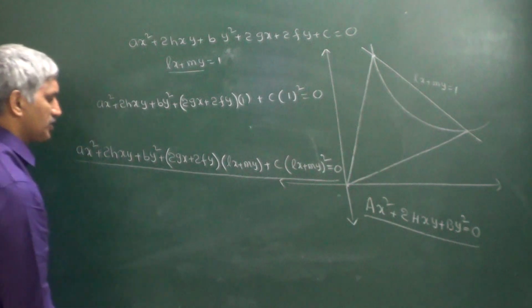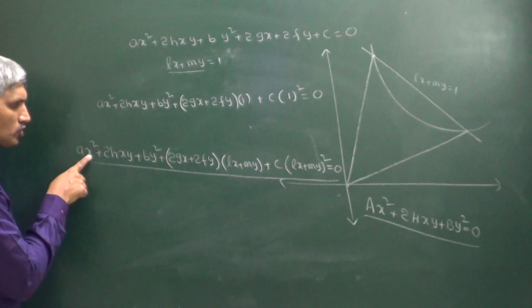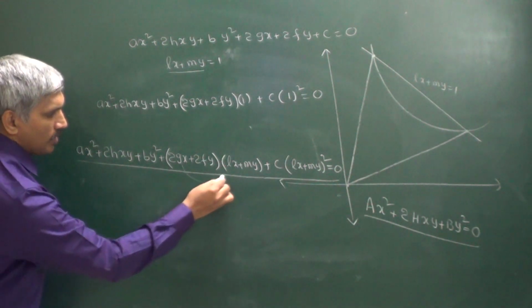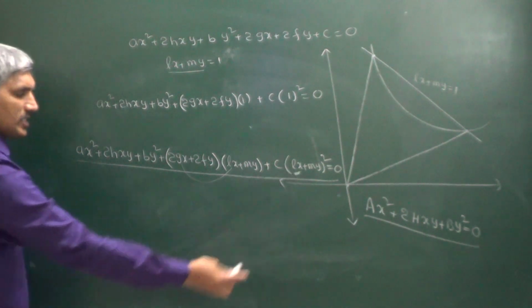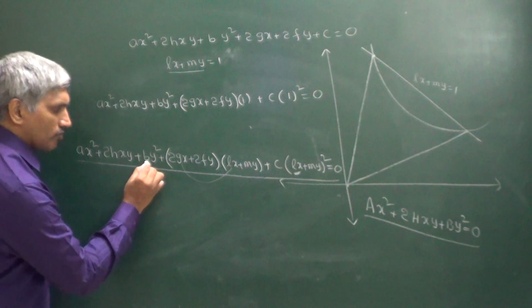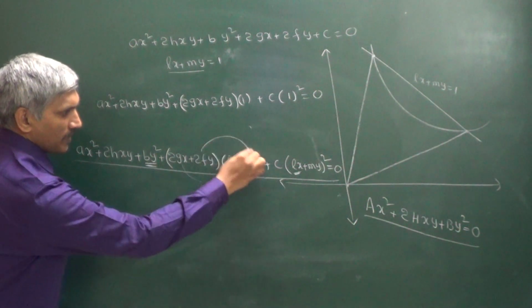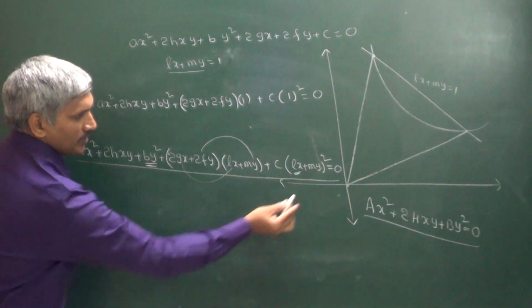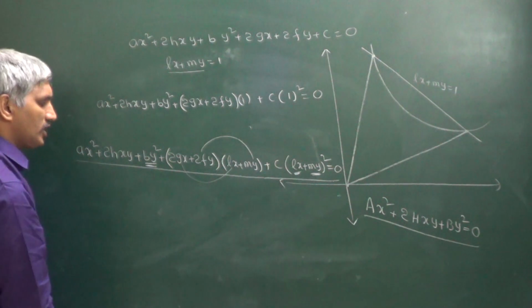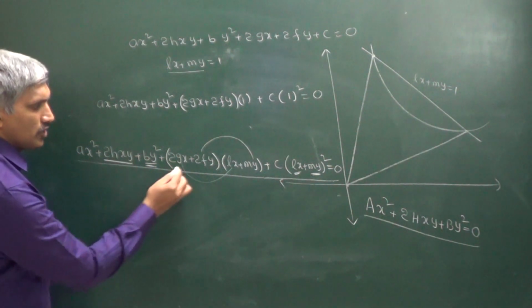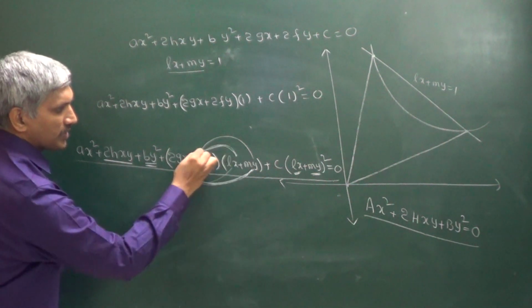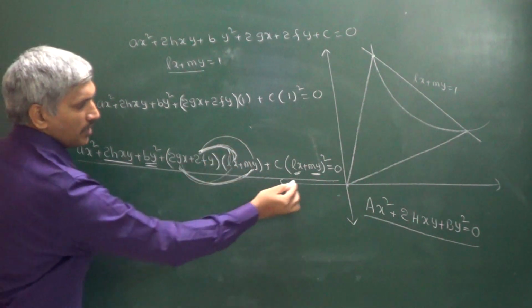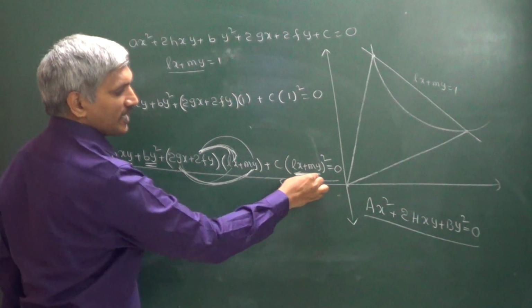In this simplification, you can observe x square terms, y square terms and xy terms everywhere.